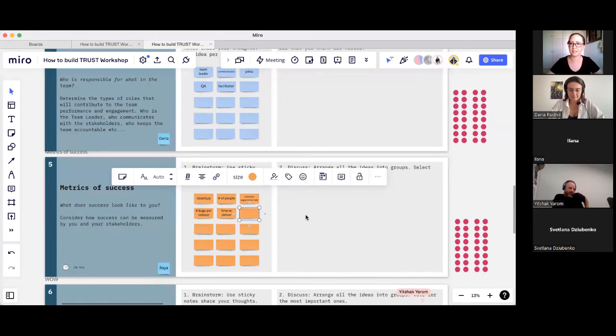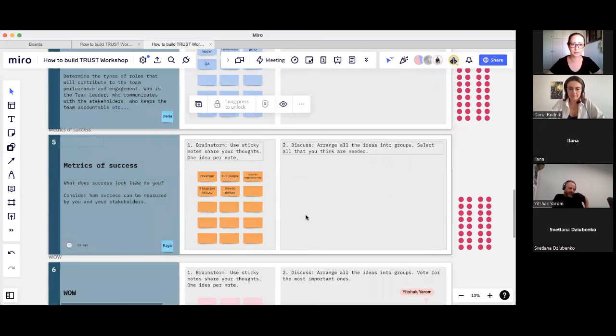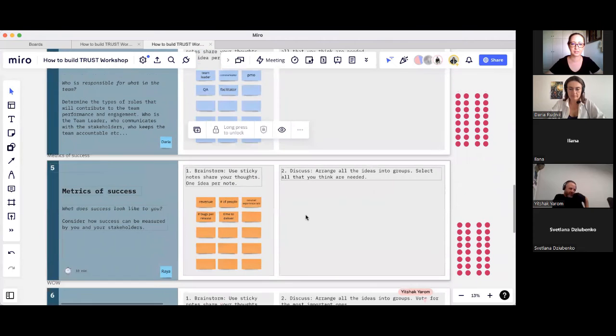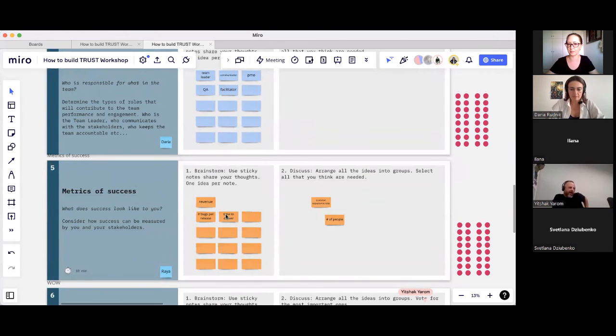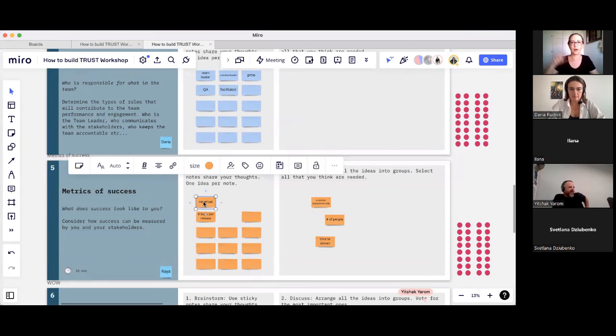Okay, do you want to add something, or we will go to the next stage? So it's the same process. We are thinking about the metrics, and really something that will help our team to measure our team.